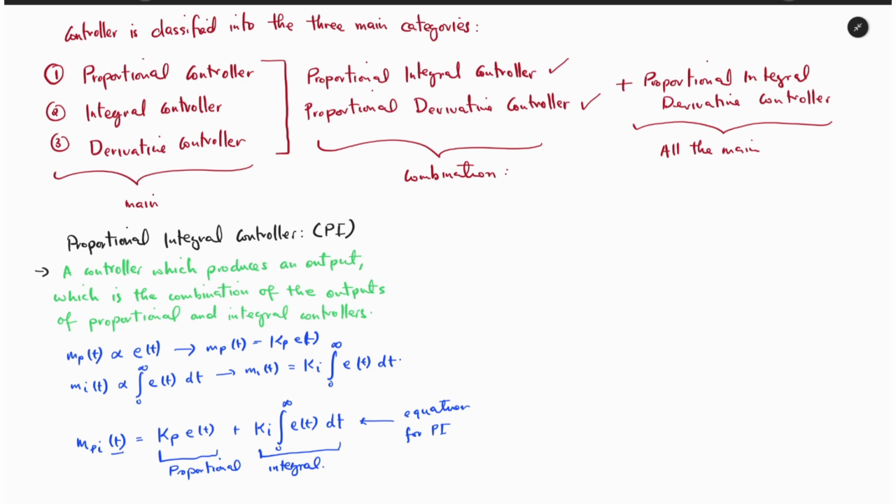So a quick diagram, we can see that the input to the controller is nothing but the ET, and we have KP ET plus KI integral of 0 to infinity ET dt. And we can have the output, which is the MPI T.